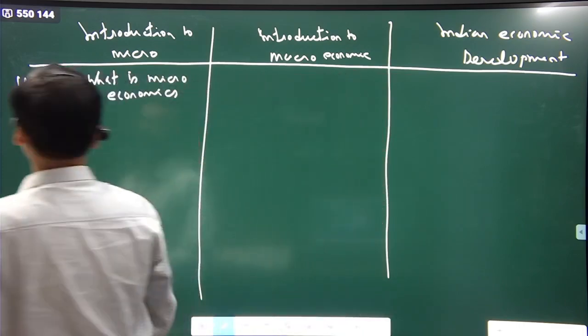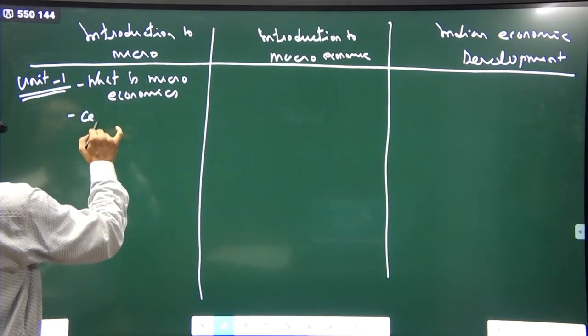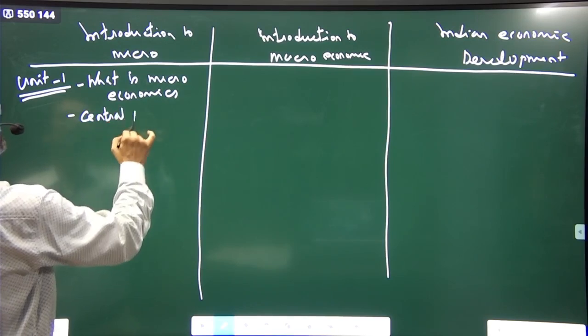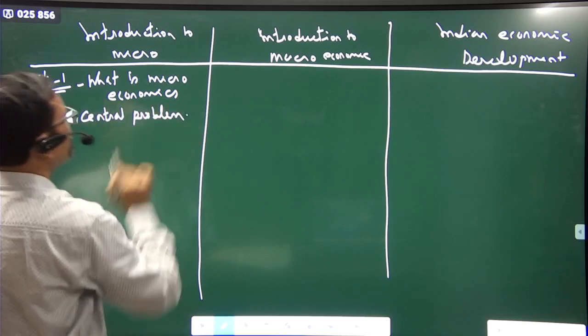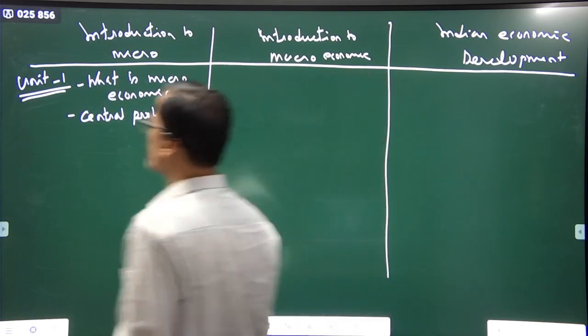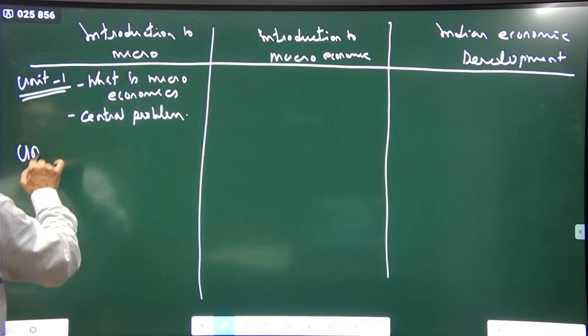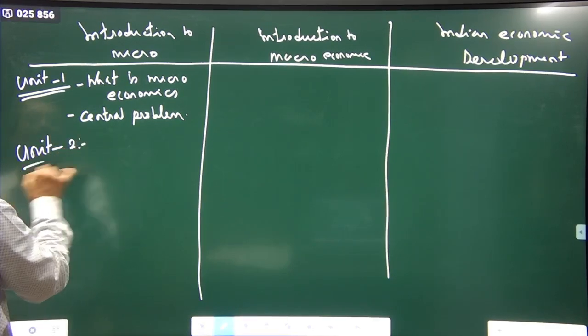Second is the central problem of economics. There are only 2 units required in the micro part.